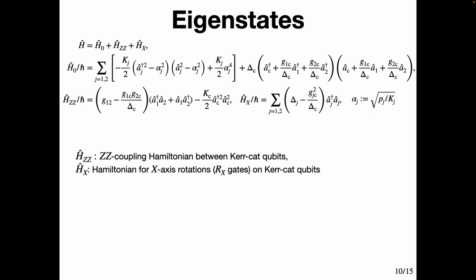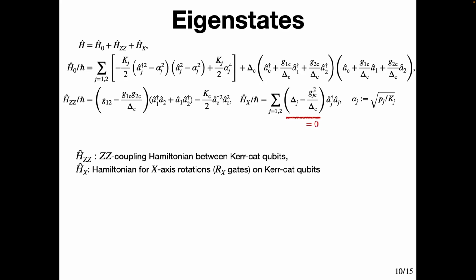The total Hamiltonian can be written like this, and this HZZ is a ZZ coupling Hamiltonian between Kerr-cat qubits, and this HX is a Hamiltonian for x-axis rotations.